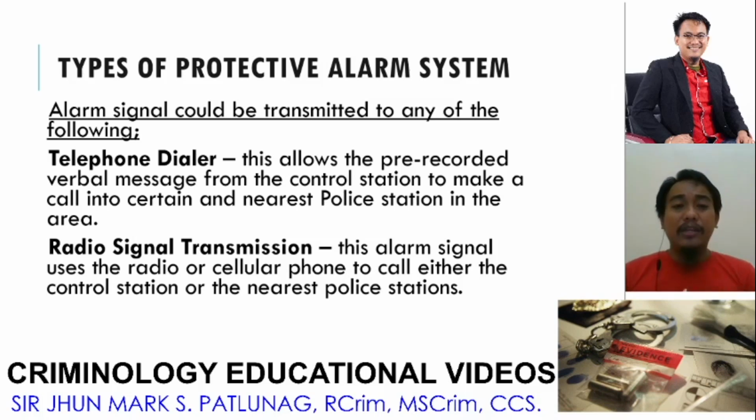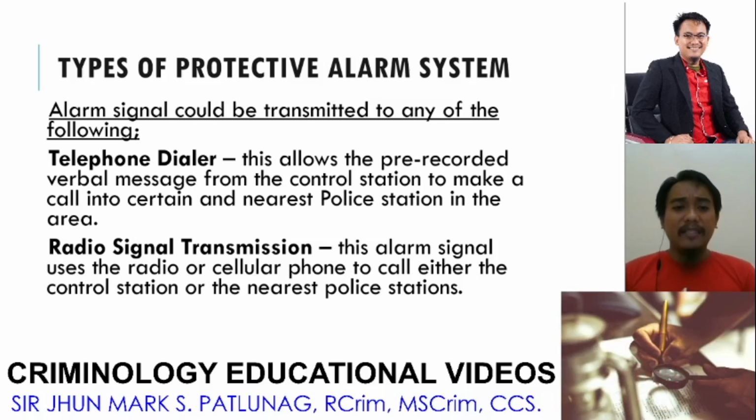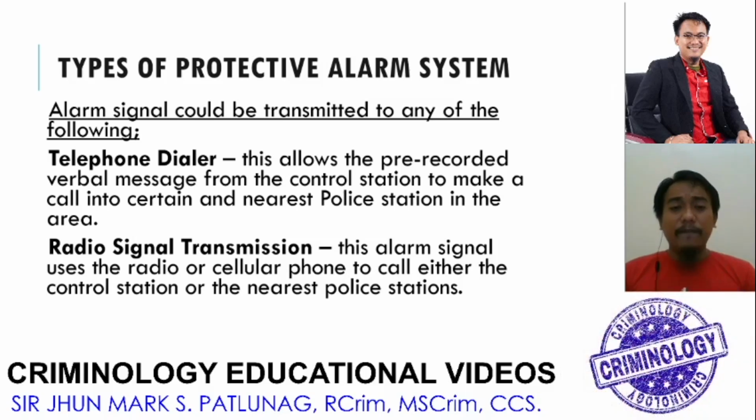Followed here is the radio signal transmission. This alarm signal uses radio or, on the other hand, cellular phone to call either the control station by itself or the nearest police station. Mas advantageous po siya kasi hindi na siya nangangailangan ng wire.